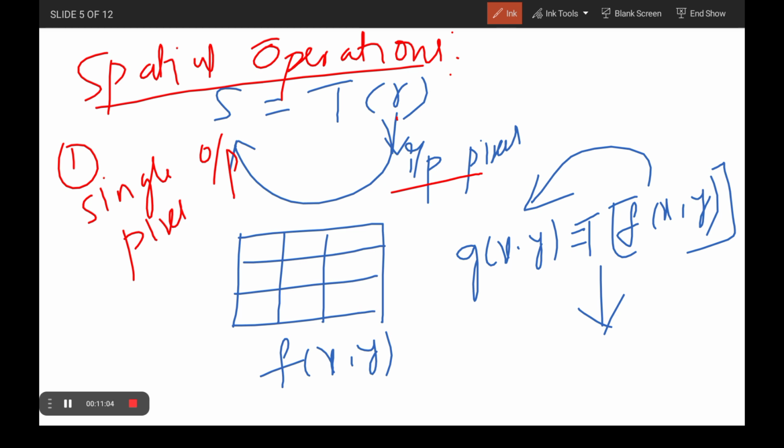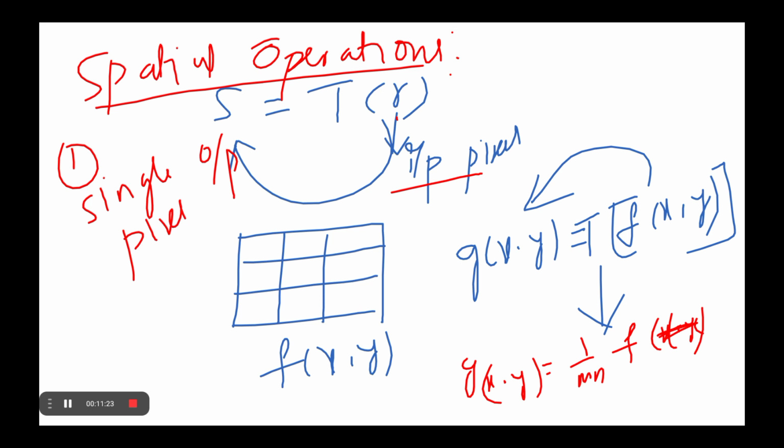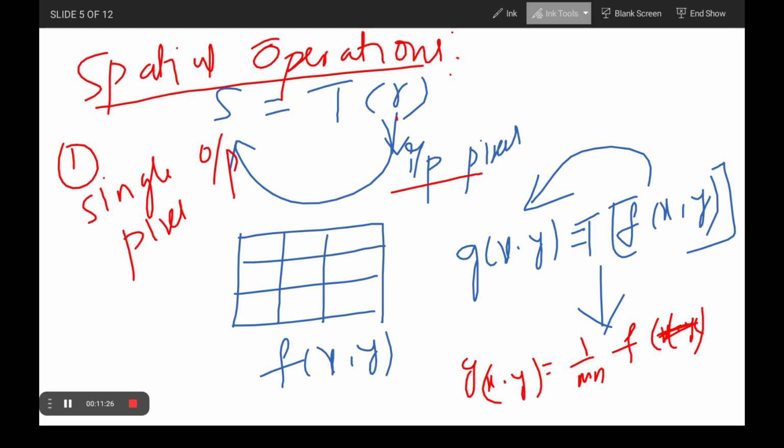It may be any kind of operation, for example averaging: g of x comma y equals 1 by mn times the sum of f of t comma s over the neighborhood, where t comma s are the neighborhood pixel locations. The letters are changed because the same symbols cannot be reused, since the location may be shifted. So this is just a spatial operation.